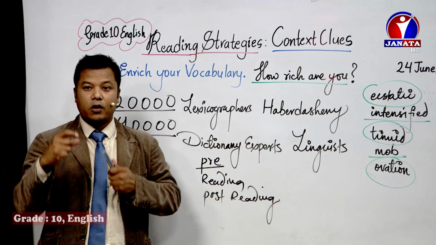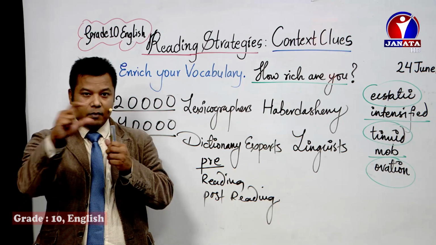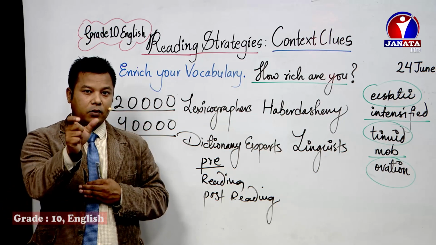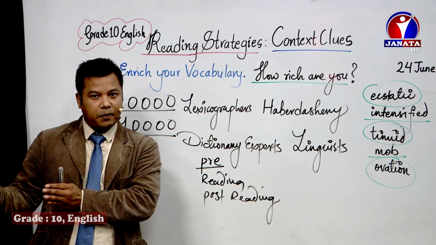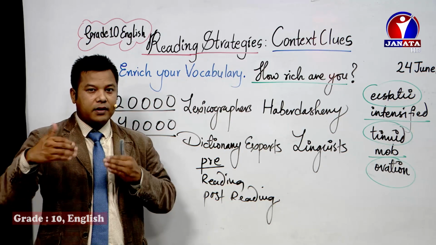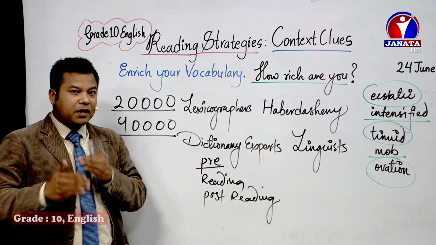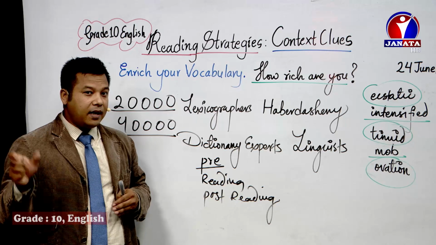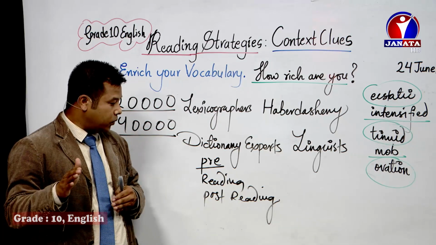You will read the introduction, you might read the conclusion, you might scan some words, you may skim some words, and while doing so, you will try to take those ideas and put them down on a small paper. You will scribble perhaps, and then you will try to make a small understanding of the text. That is just pre. Reading, you become a little engrossed, intensive, and you start reading between the lines. And then your mind will start making pictures of the ideas that is connected to you.